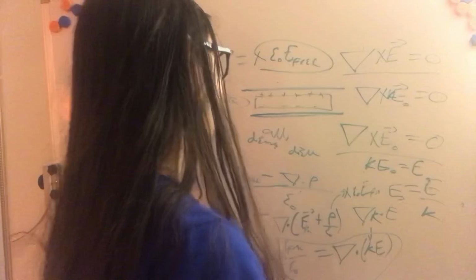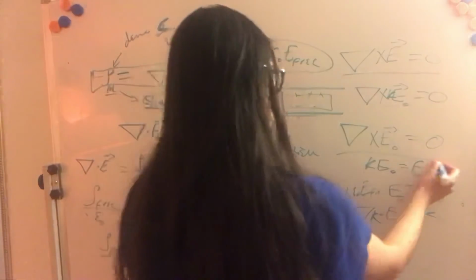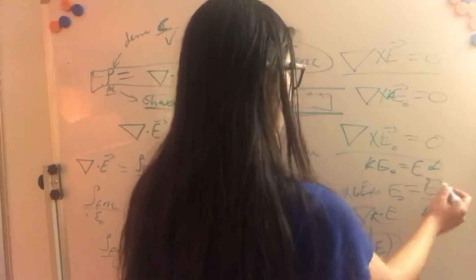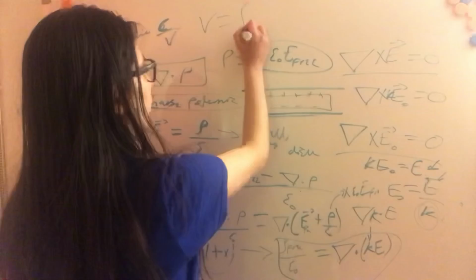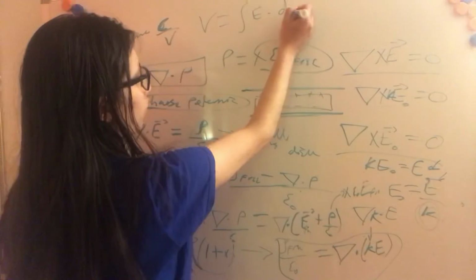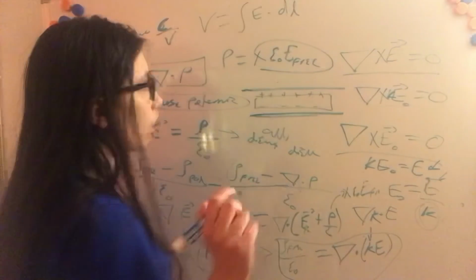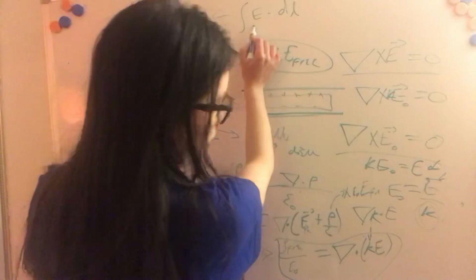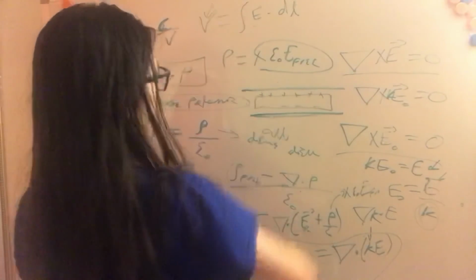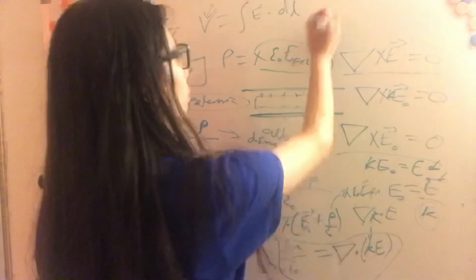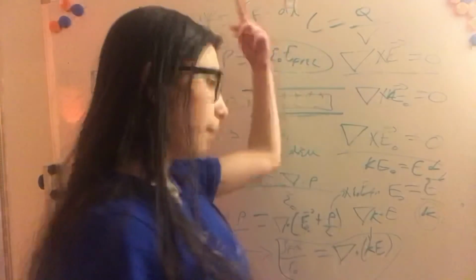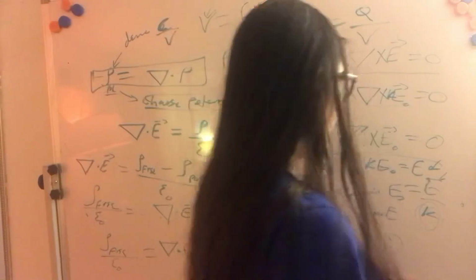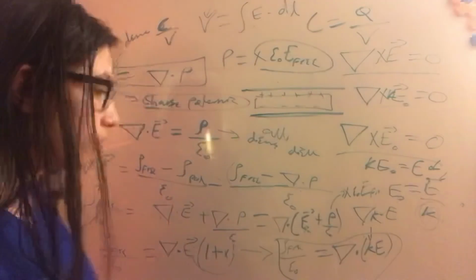So actually the new electric field is decreasing by a factor of K, and because the voltage is the integral of the electric field dot dL, or the distance, and this is decreasing by a factor of K, this would be decreasing also by a factor of K, and because capacitance is the charge per voltage, then the capacitance will increase by a factor of K, as we saw in another video.